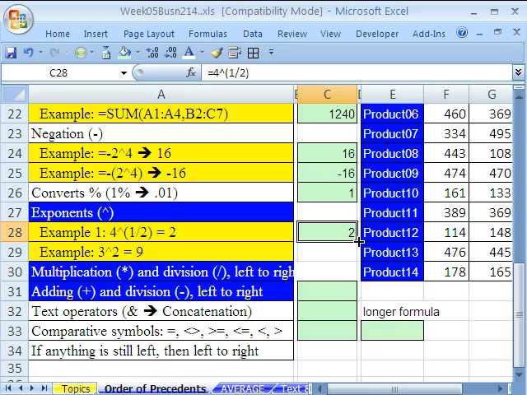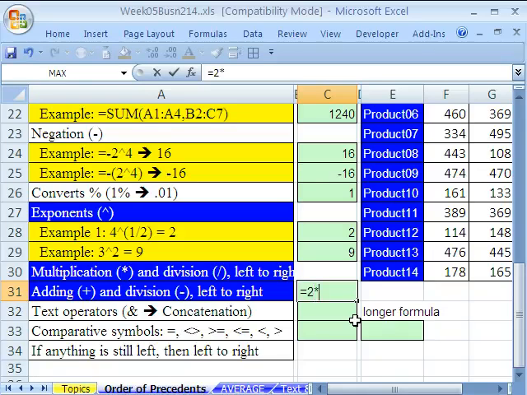I could also do something else like equals 3 caret 2. That is 3 squared, which is 9. Multiplication and division left to right. So equals 2 times 2 plus 6 times 2. So it's going to do the multiplying first.